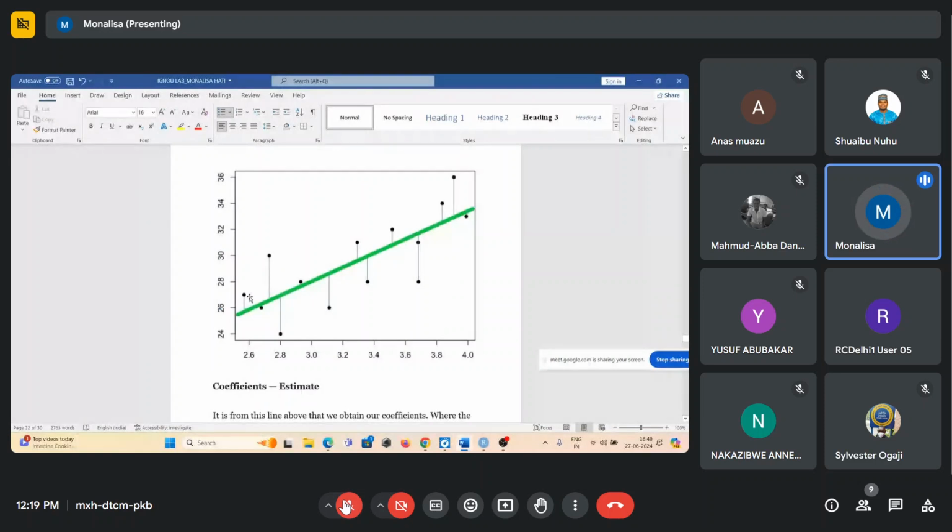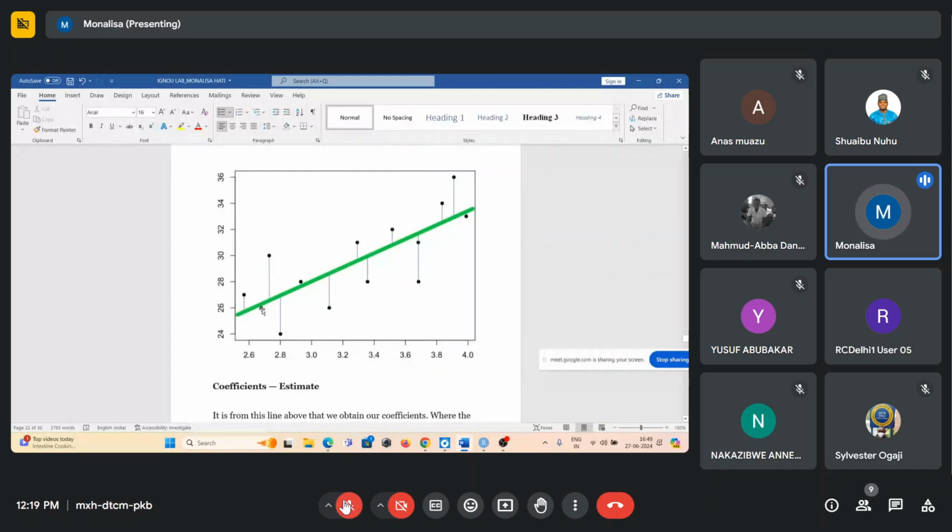Whenever we generated the linear regression model, these green lines are the interpreted values. So here you can see there is a gap. Here is the gap, here is the gap also. So if there is a difference between the actual data and the interpreted data, that will be called residuals.